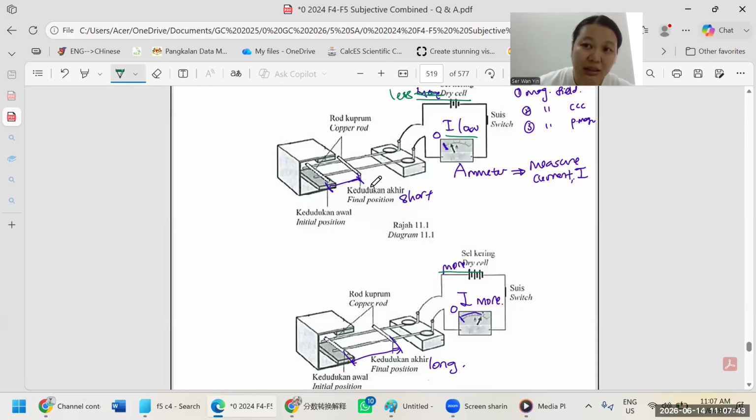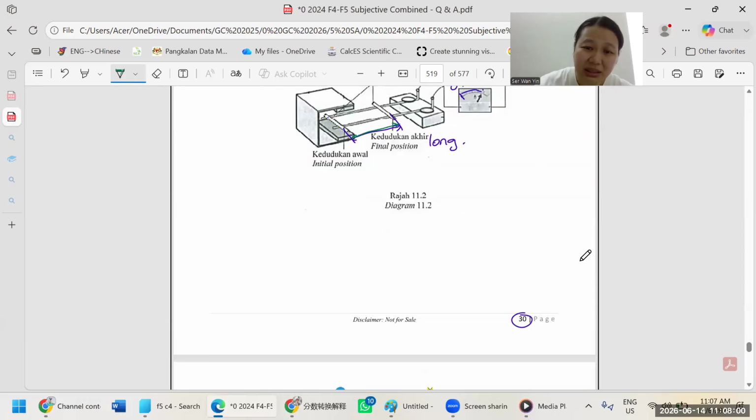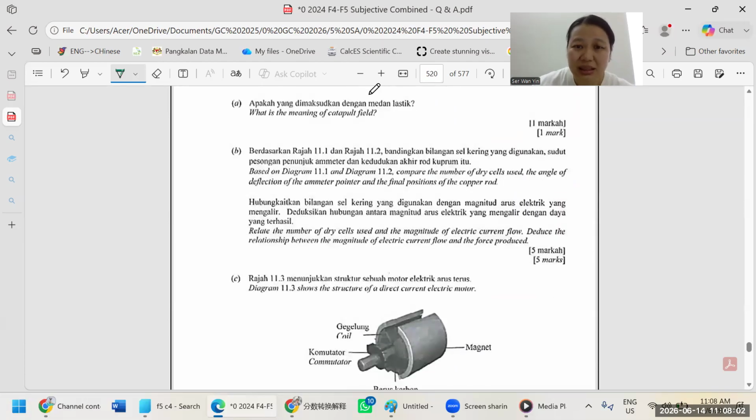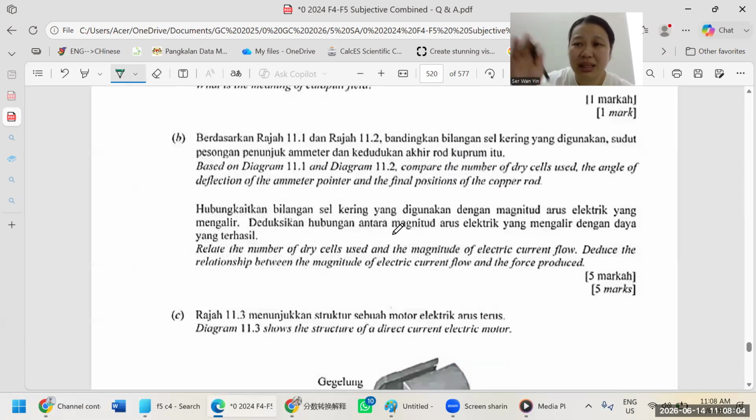Short distance moved. More dry cell, high current, more current, longer distance moved. Then normally what will they ask? Sure, they ask these things.